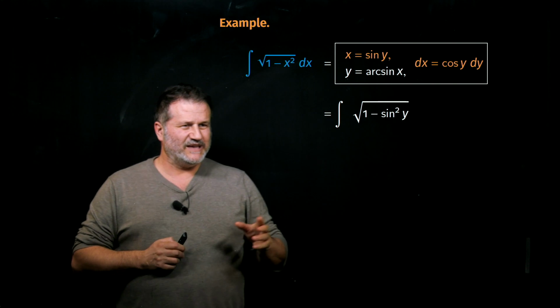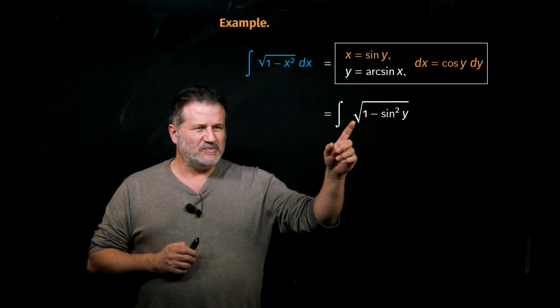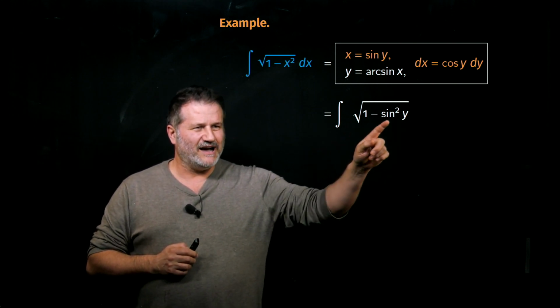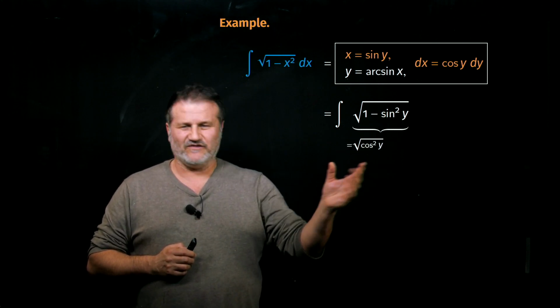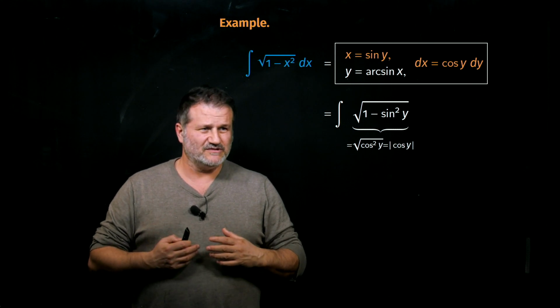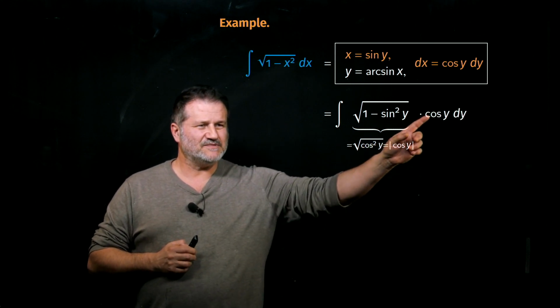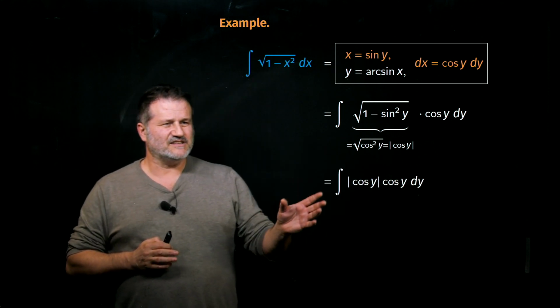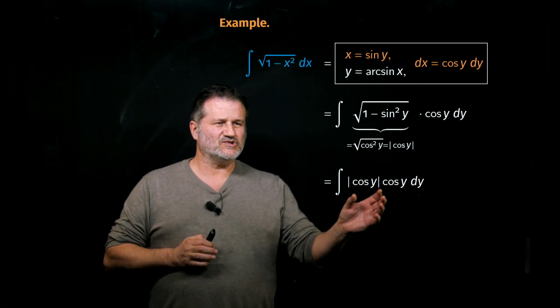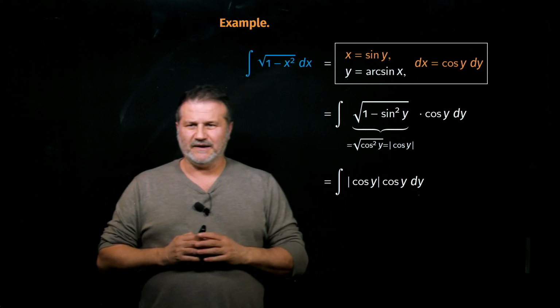So if we do that, we get the primitive of the root of 1 minus sine y squared, which is the root of cos squared, so the absolute value of cos, times dx, so cos y dy. So this yields the primitive of the absolute value of cos y times cos y dy.